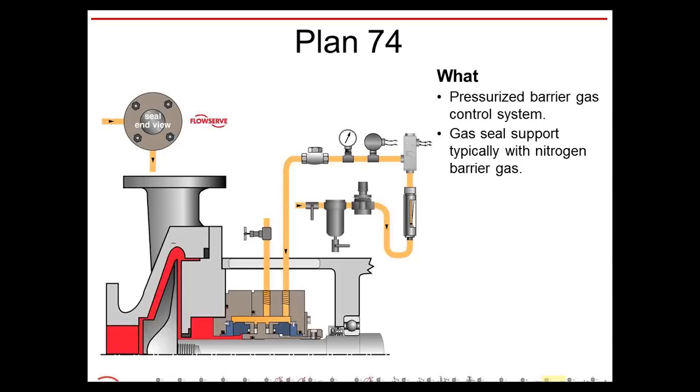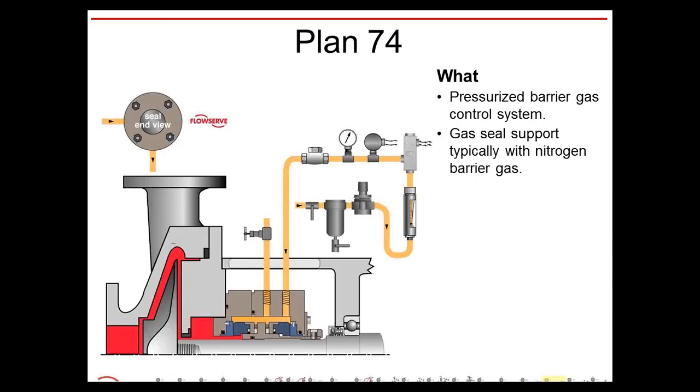You have to have a flow meter because you want to make sure you're always flowing gas to that seal. You want a pressure regulator so that you can regulate the exact pressure that you need. And you almost always want some sort of device that tells you that the gas supply to your seal has failed, because as soon as you lose gas to the mechanical seal, your mechanical seal will fail.